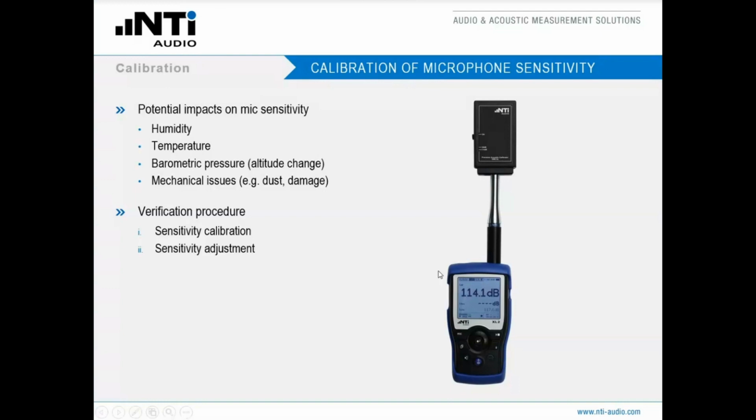Now here we have two different cases. The one is that you just verify the sensitivity and you see, okay, it's within the tolerance, it's fine. Sometimes it is required to adjust the sensitivity. You can do that with our instrument. The sensitivity is saved on a chip within the microphone, but possibly you have to override this sensitivity with a new value. Unfortunately, it is not that easy to tell you what to do in which situation.